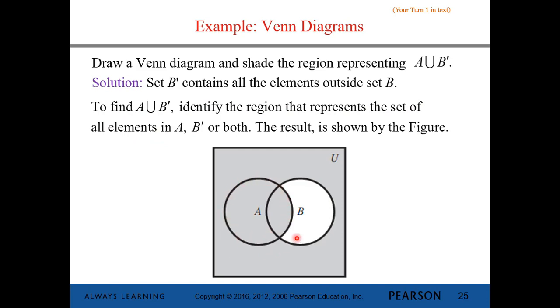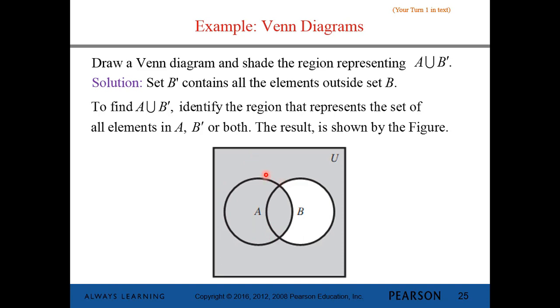Not in B, that's going to be everything outside of the circle, or both, which is the intersection, excuse me, both A and not B. So A and not B is going to be this little moon piece right here.